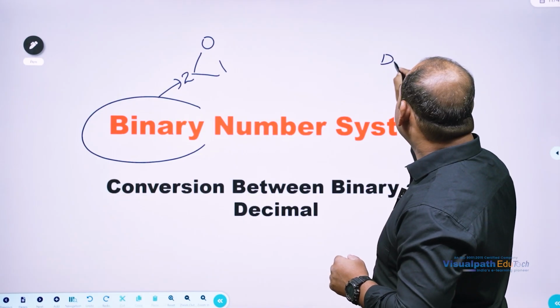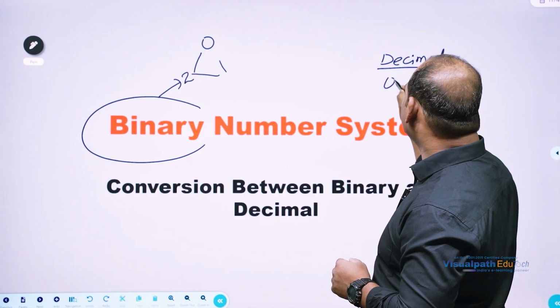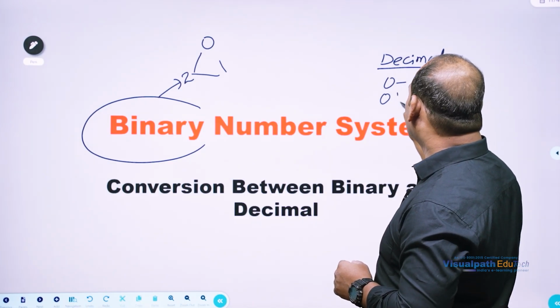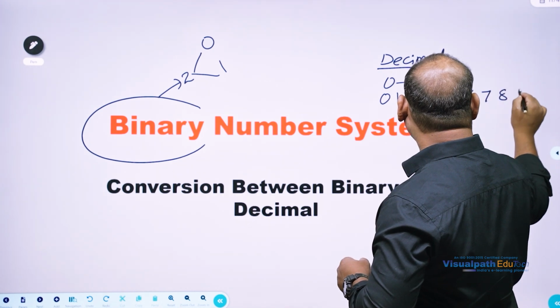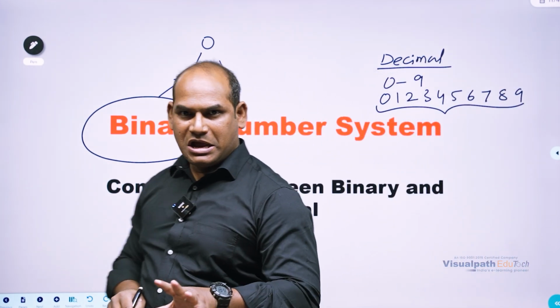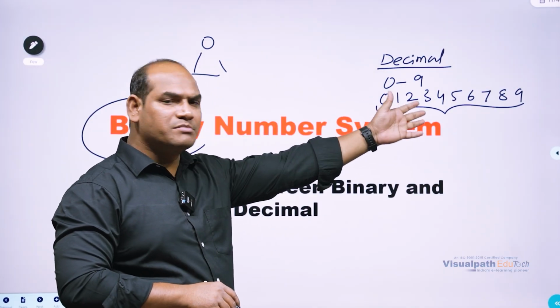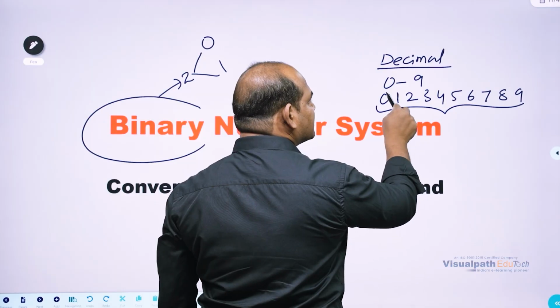So decimal number system means 10 different symbols we are using, starting from 0 to 9. We know 0, 1, 2, 3, 4, 5, 6, 7, 8, 9. These are the 10 different symbols we are using to represent any number. If you want to write 10, we are using this 1 and 0 only.